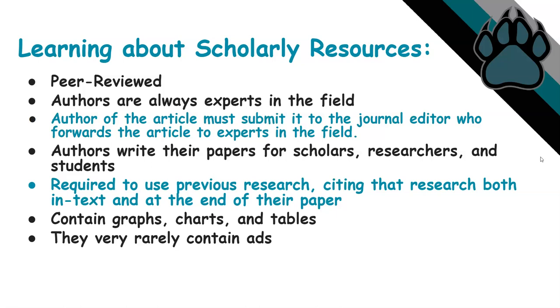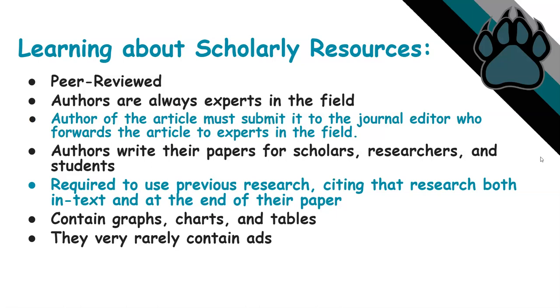And basically what peer reviewed means is the author that has written the article has to be an expert in their field. Has to be an expert on the topic that you are looking to find out about. Once he's written the article, the author must submit it to a journal editor who forwards this article on to experts in the same field. And that could be from 5 experts, or it could be up to 1,000 or even more than 1,000 experts in this field.